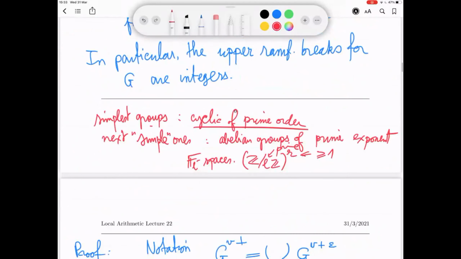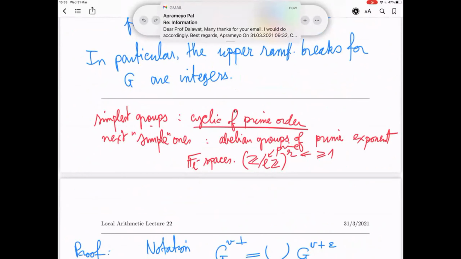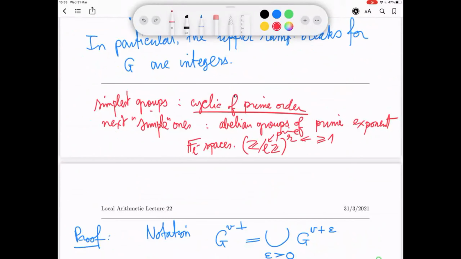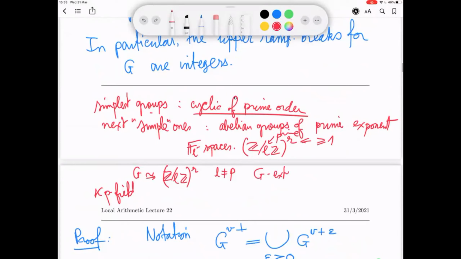And if we wanted to classify, let's take K to be a P-adic field, G to be isomorphic to Z mod LZ to the R. And if we take L to be different from P, then all G extensions of K, which means a Galois extension whose Galois group is isomorphic to G, are easy to classify.